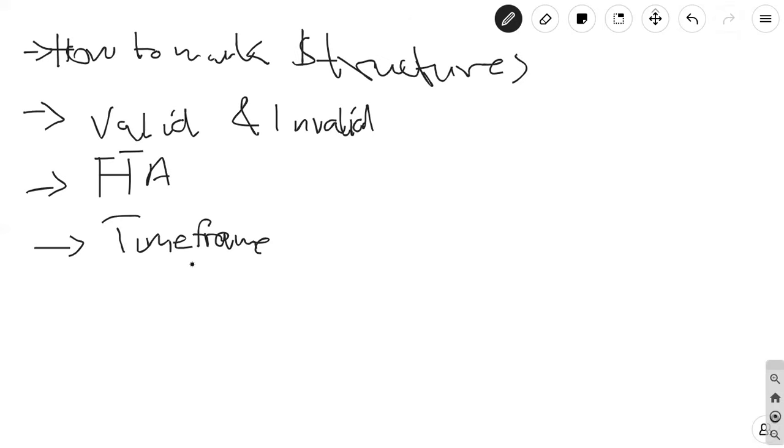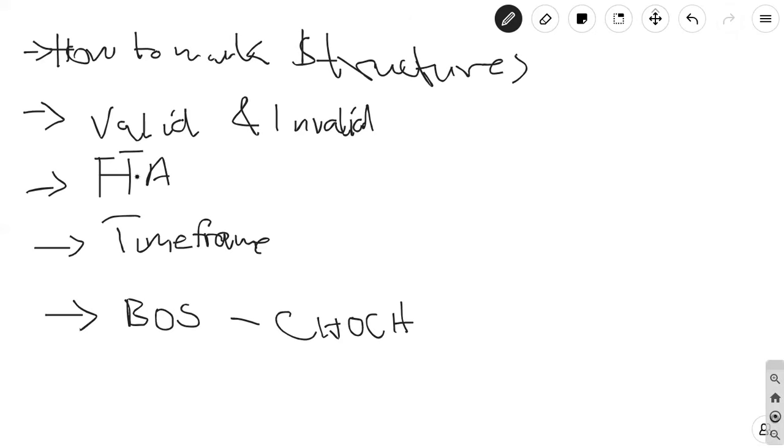And after that, we're going to go into the chart and identify between the break of structure and a change of structure.